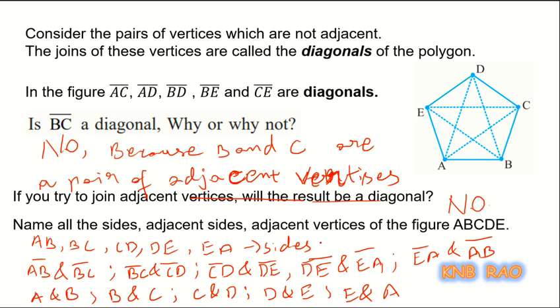So, sides, adjacent sides, adjacent vertices, and with this I have already told you the diagonal also. I have completed parts of polygon. Now, we will solve 1 or 2 questions of exercise 4.2.